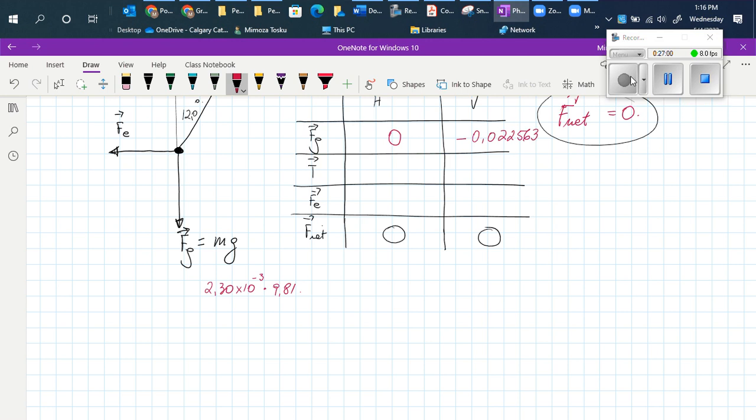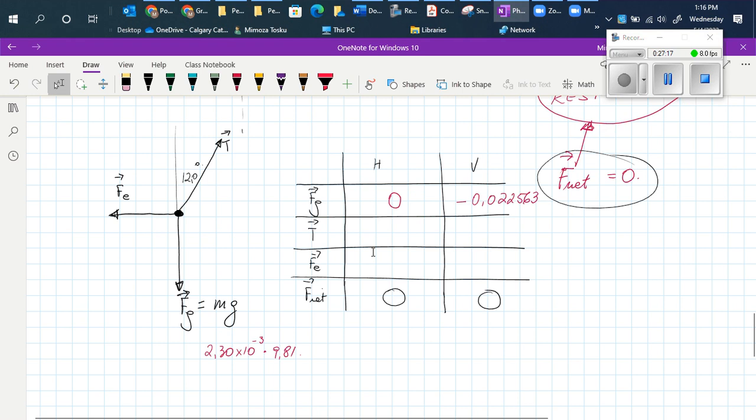0.022563. It's good to keep them all, especially in those cases. But at the end, it is the calculator that is holding on to those numbers. Now, the key point on those types of questions is that we don't know what the tension on the string is, okay?